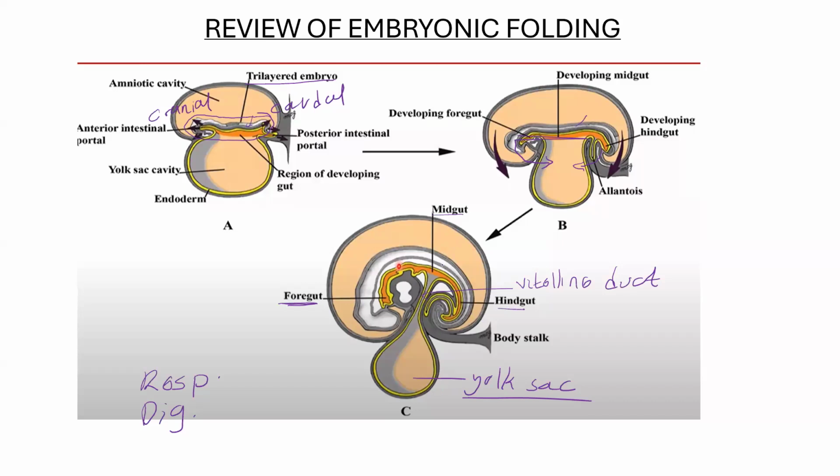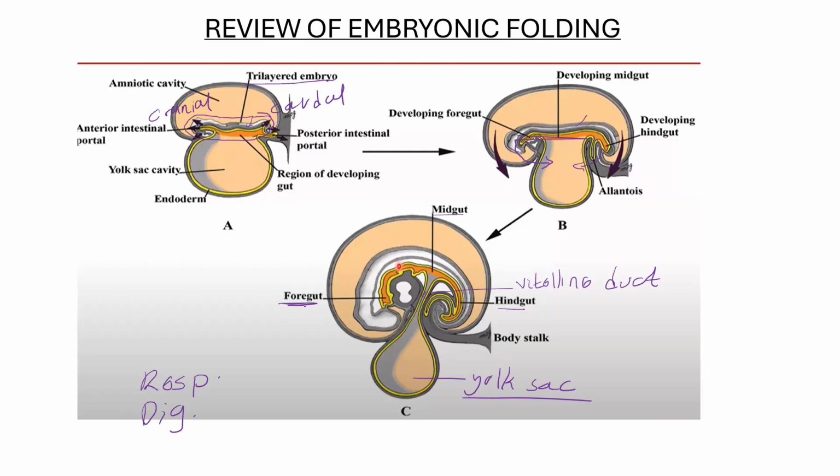The foregut will give rise to the foregut derivatives, so the structures of the GIT tube from the esophagus, that is from the pharyngoesophageal junction, to the level of the second part of the duodenum. Anything from the esophagus to the second part of the duodenum came from the foregut.